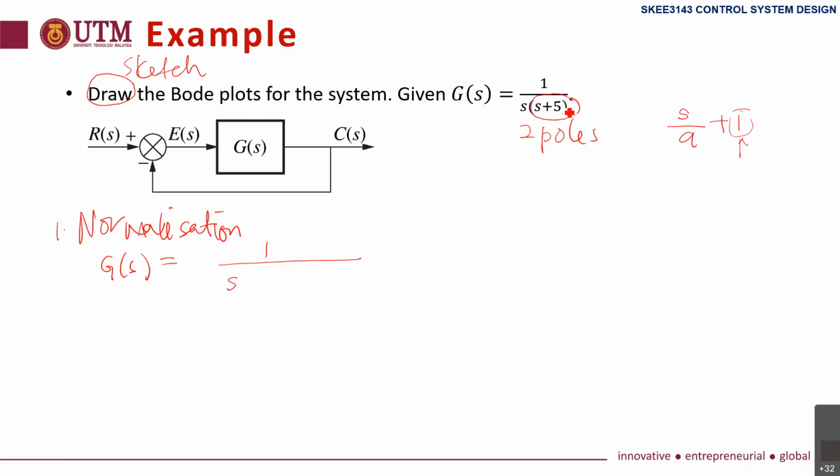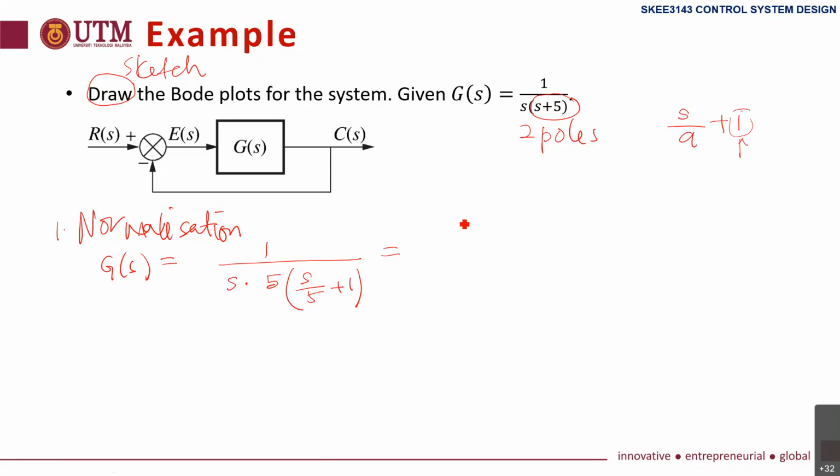So s plus 5 here can be written in this form: we take out 5, and it becomes 5 times s over 5 plus 1. So we have it in this form.